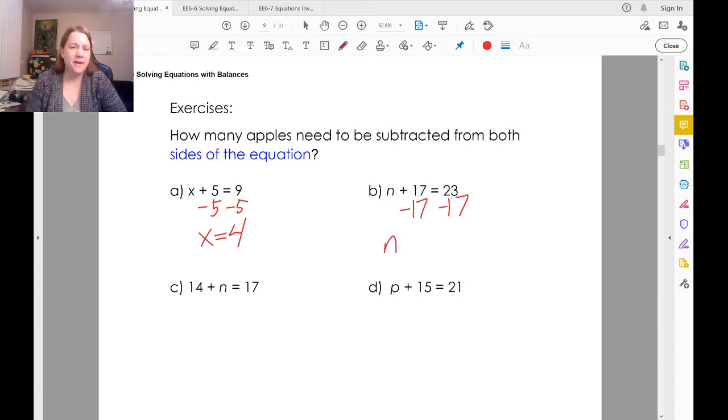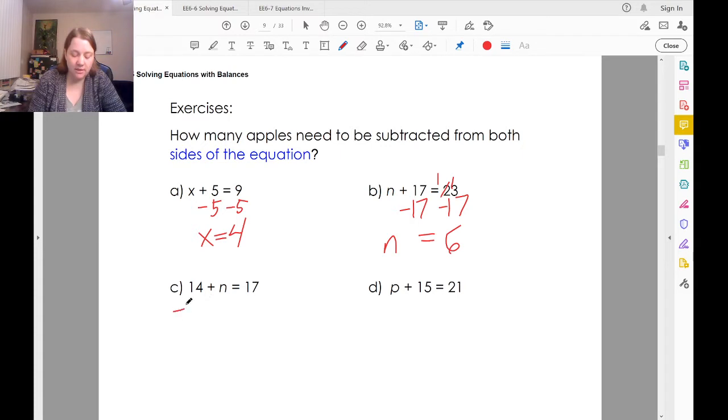So N, we could write N plus 0, but who's going to do that? Equals 23 minus 17. Oh boy, I need to borrow. 13 minus 7, that's going to be 6. N equals 6.